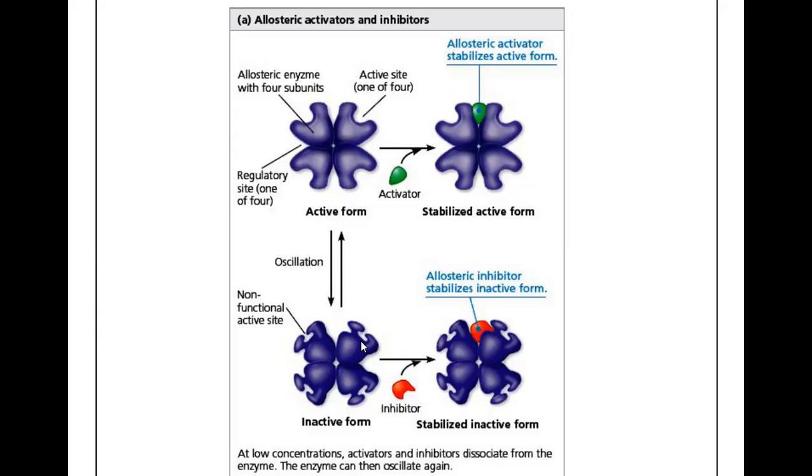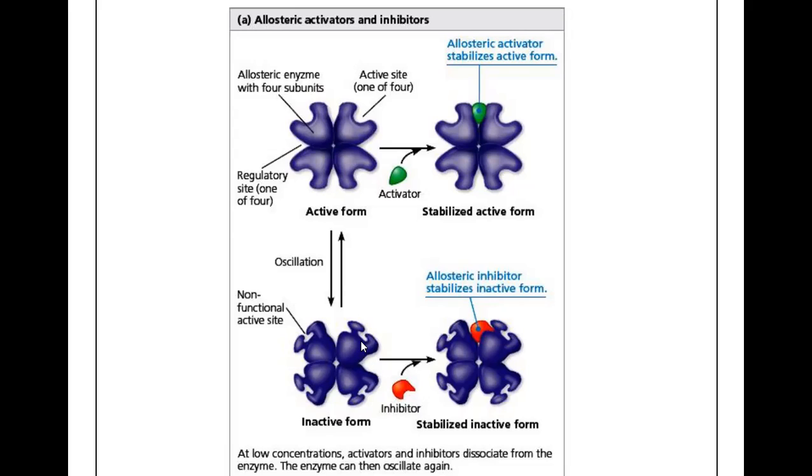So when the allosteric enzyme comes to the active form, if you want to stabilize it in the active form, who should be joined to it? Activator.